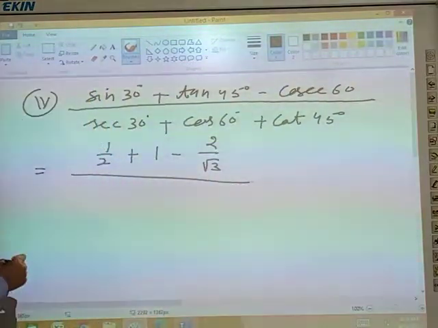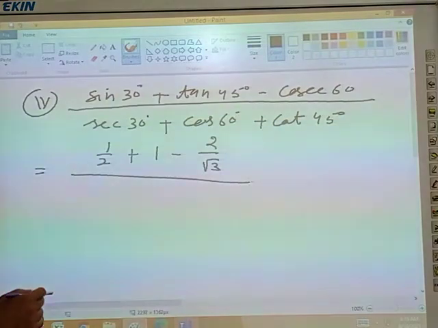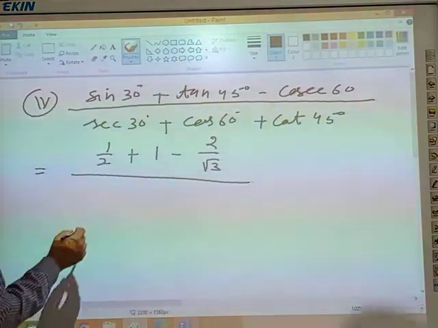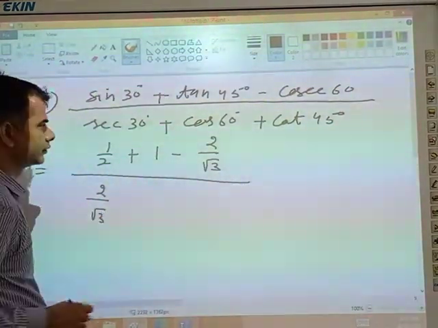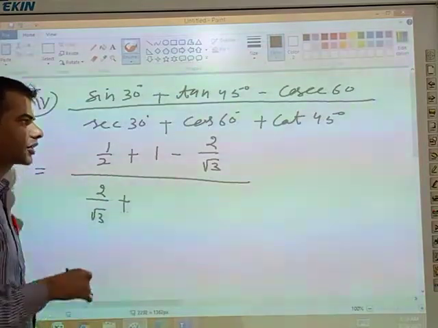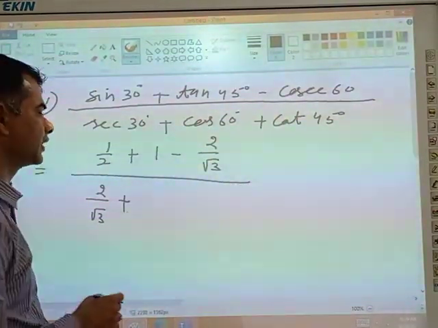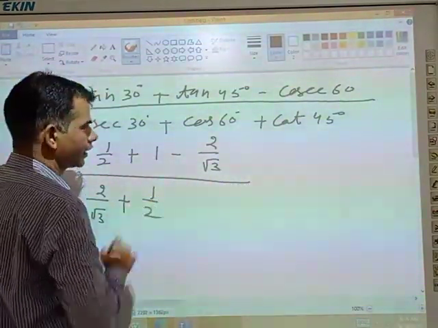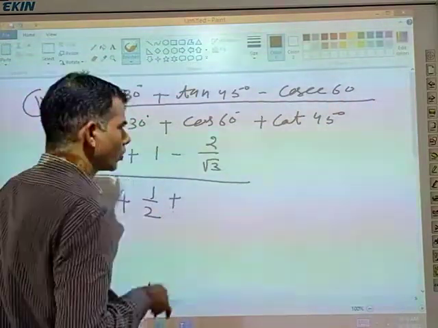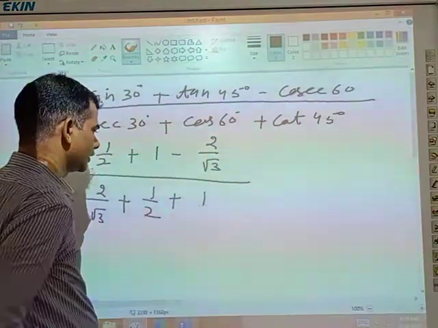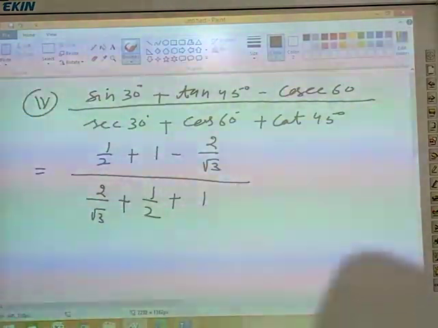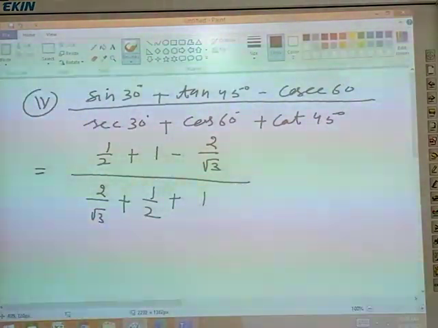Sec 30 is the reciprocal of cos 30, and cos 30 is root 3 by 2, so sec 30 is 2 by root 3. Am I right or wrong? Cos 60 is equal to sin 30, that is 1 by 2. Cot 45 is the reciprocal of tan 45, that is 1. Check whether all values are correct or not. Yes, sir, all are correct.